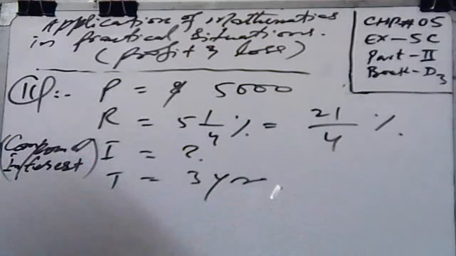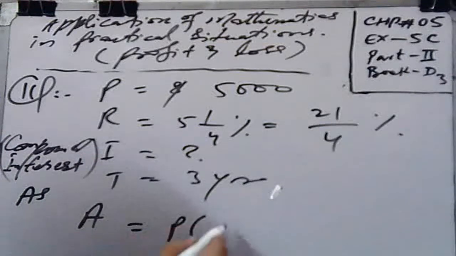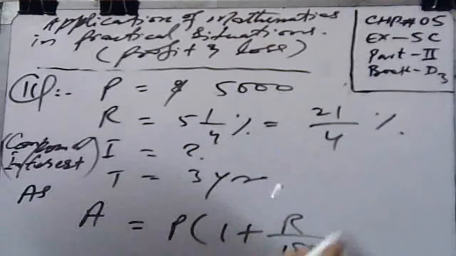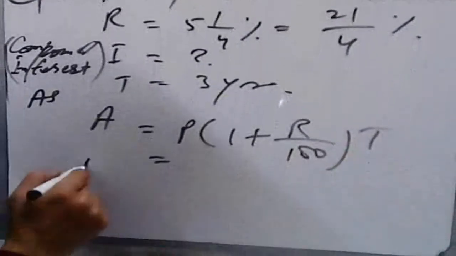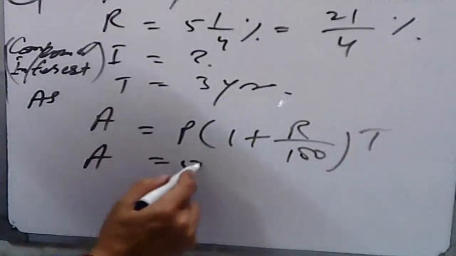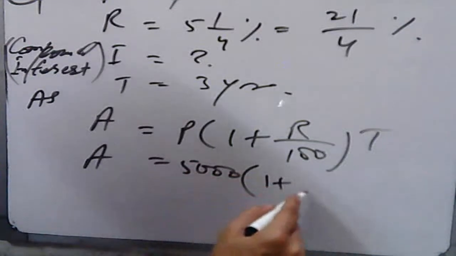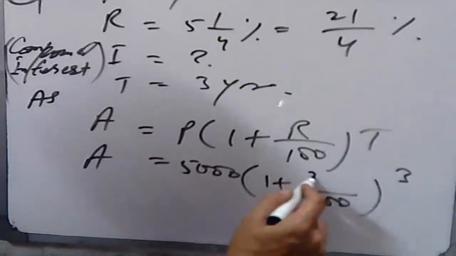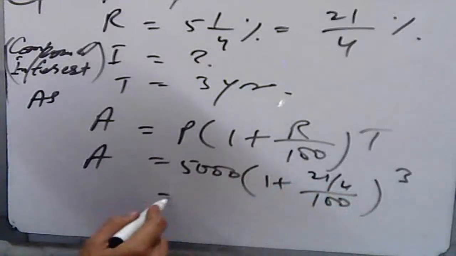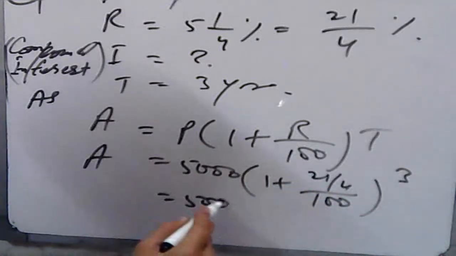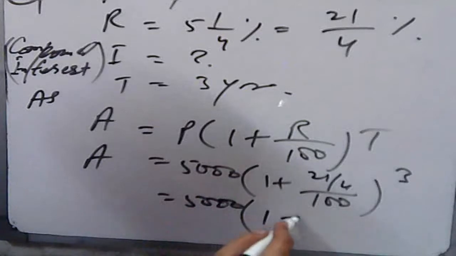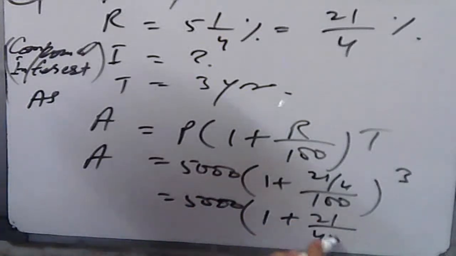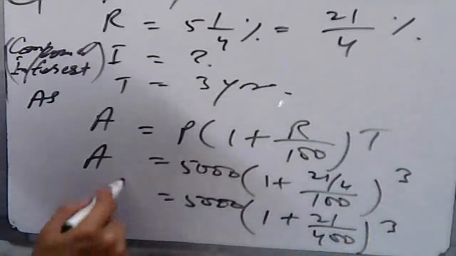As you have the formula, A is equal to P times (1 plus R divided by 100) to the power T. The principal amount is 5,000, 1 plus, the time period is 3 years, and the rate of interest is 21 by 4%. By the same methodology, 1 plus 21 by 400, to the power 3. So that is your amount.